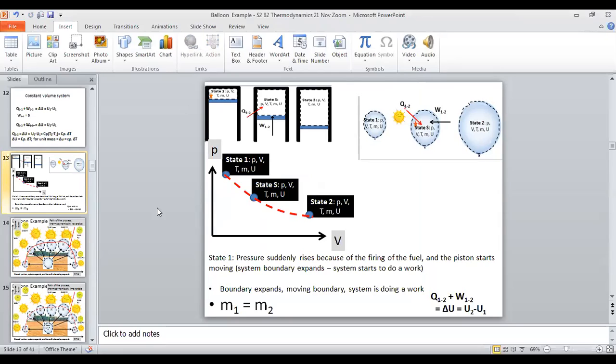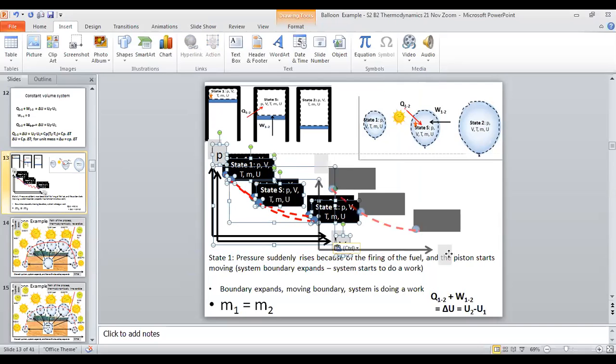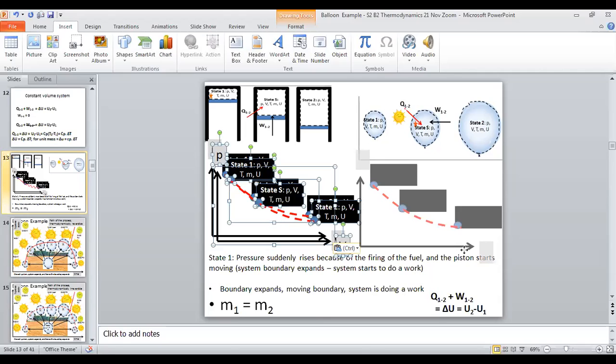You can see that when it comes to the consideration of expansions, probably the PV diagram is important, for expansion and the evaluation of the work done. The same way, if we think of the balloon, see what happens to the balloon.